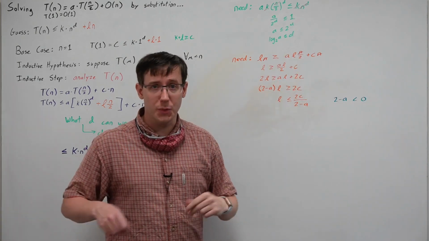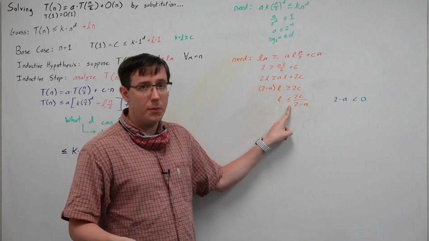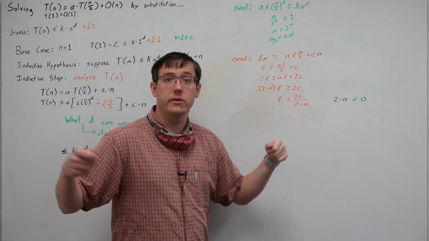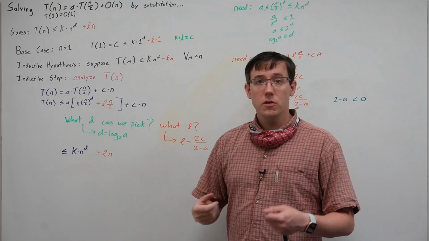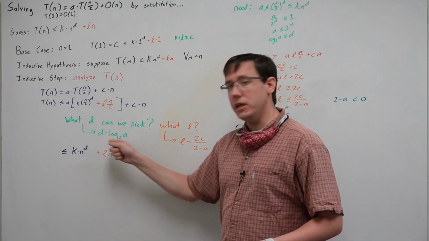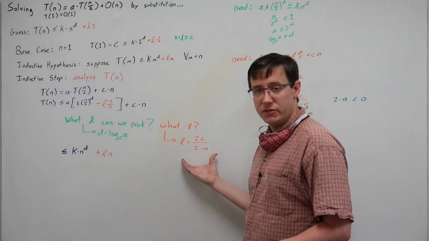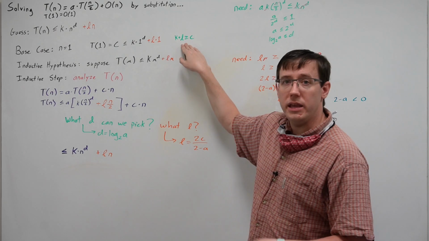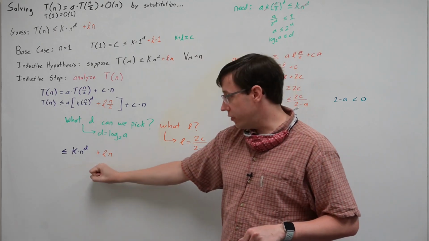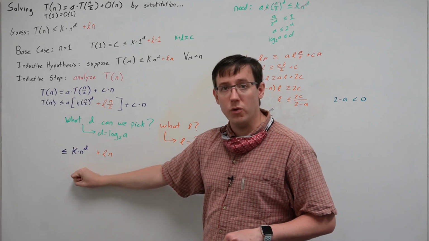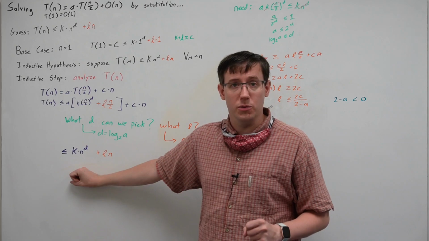And we can do some algebra to solve for L, noting that the inequality flips on the last step because a is greater than 2. So if we pick d equal to the log base 2 of a, L according to the algebra we just did, and k equal to c minus L, then we have proven that this upper bound holds for all positive integer values of n.